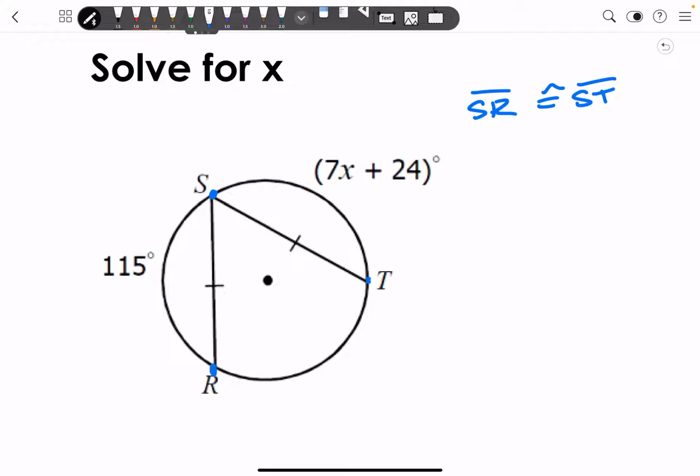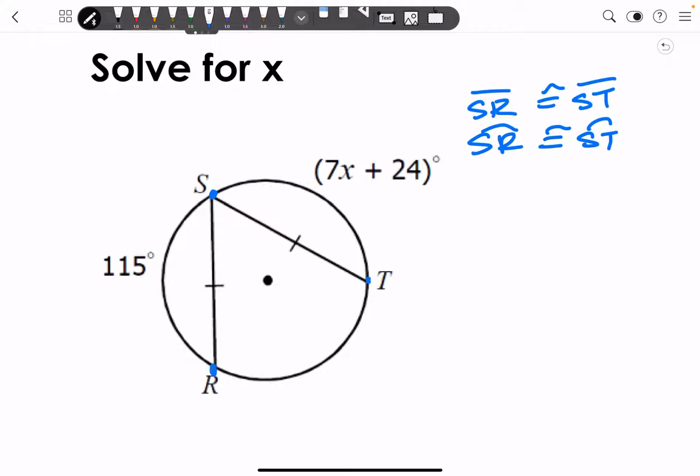Therefore, 7x plus 24, that arc SR and arc ST is also congruent. So both have to be true. If one is there, the other one will also happen. The other one cannot happen without.